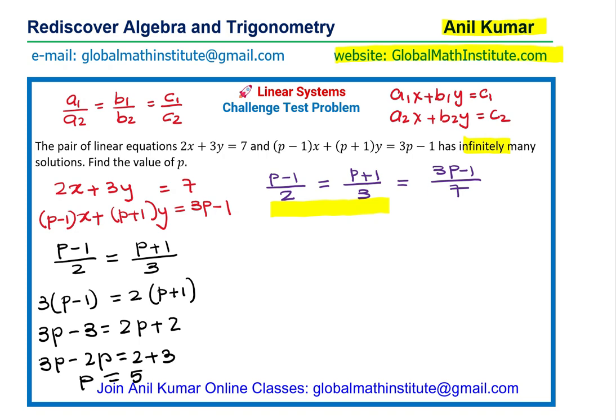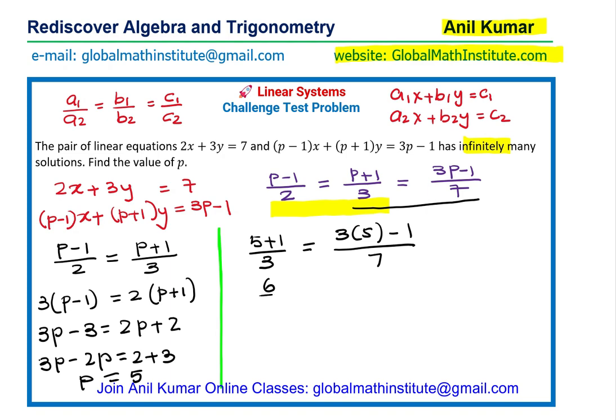Now for 5 to be the solution, we should see that everything gets satisfied, right? So let me plug in 5 in this part and see whether it really works or not. So we have (5 + 1)/3 = (3 times 5 - 1)/7.